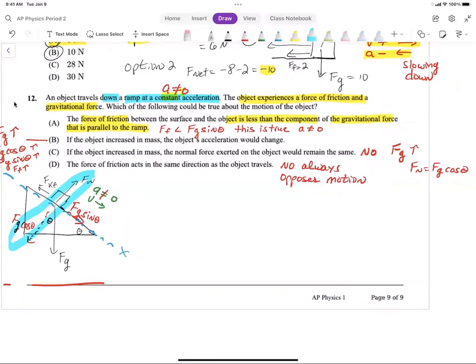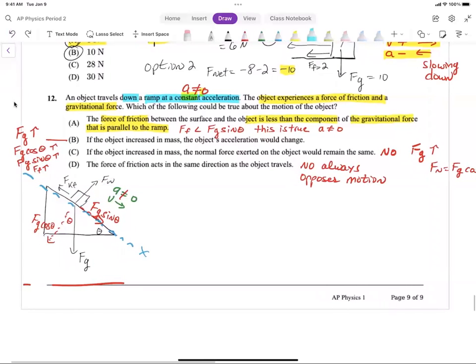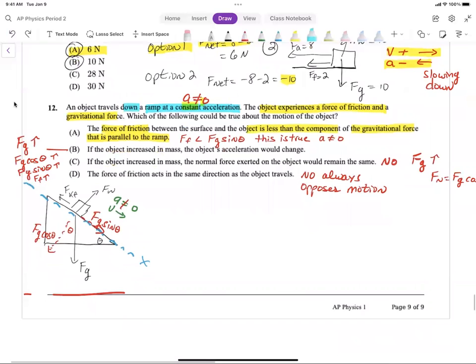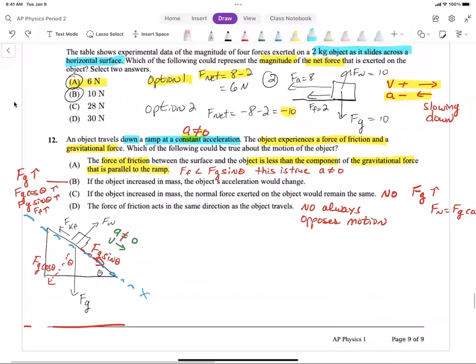So that's not true. D, the force of friction acts in the same direction as the object travels. That is never true. Yes, it's always opposing motion. I was looking at the one above, but that's still correct. It was moving to the right, slowing down.